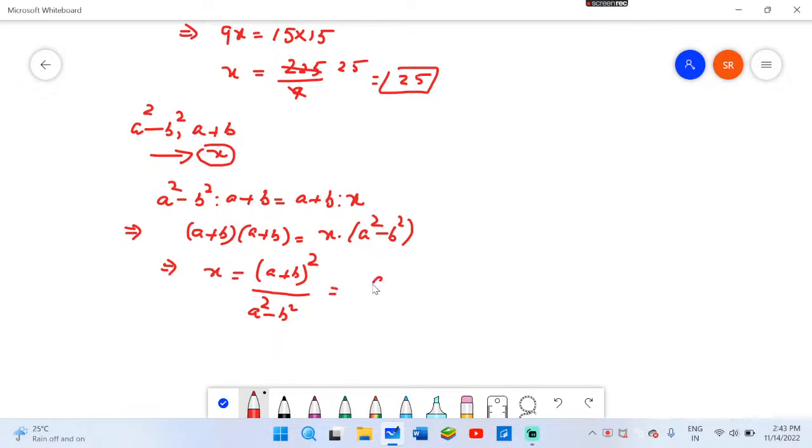We can factorize it. a plus b into a plus b upon a plus b into a minus b. One common factor is cancelled, leaving behind a plus b upon a minus b. So this becomes the third proportional.